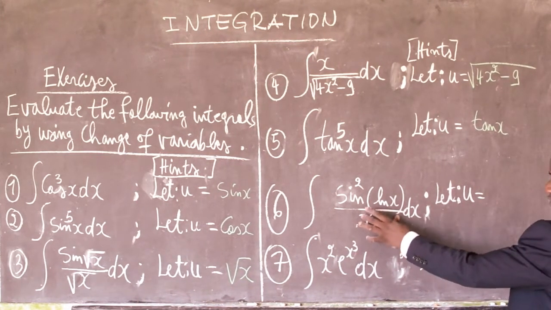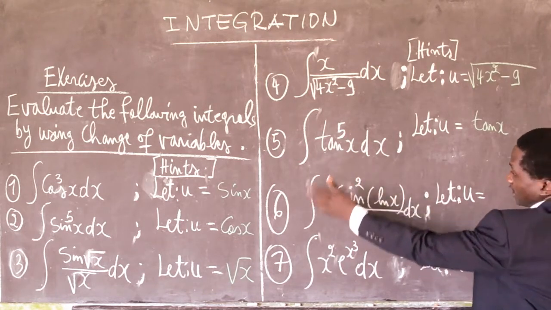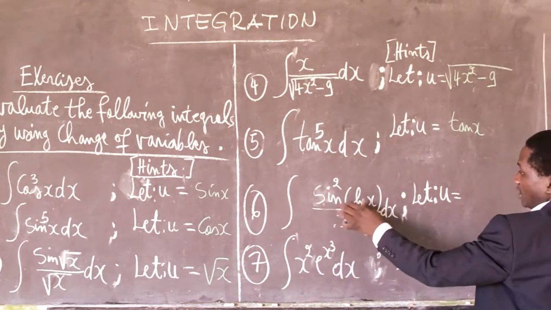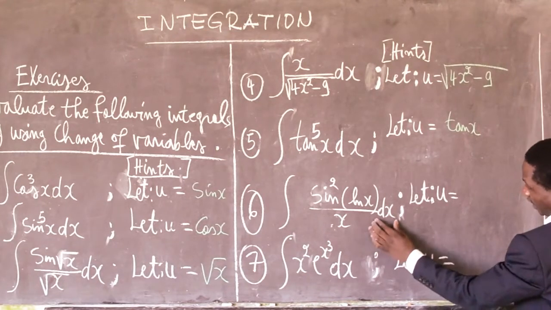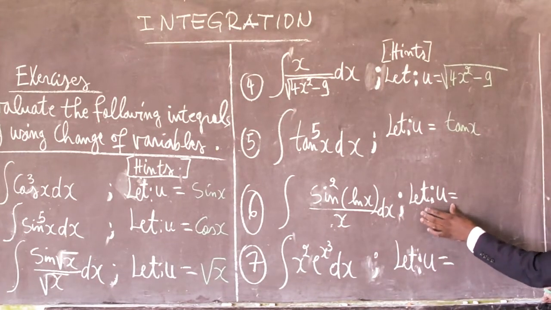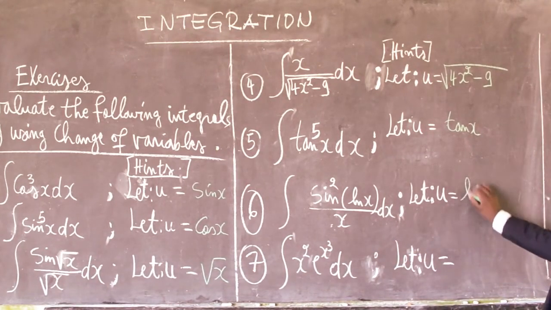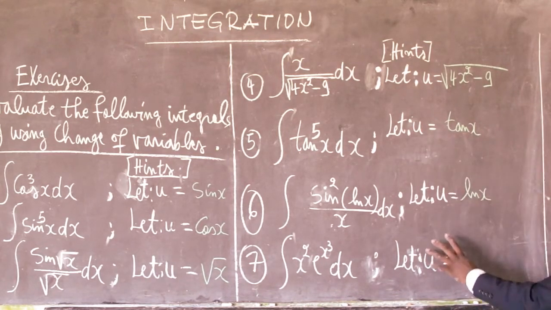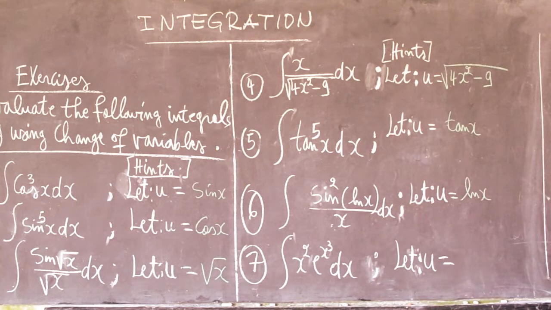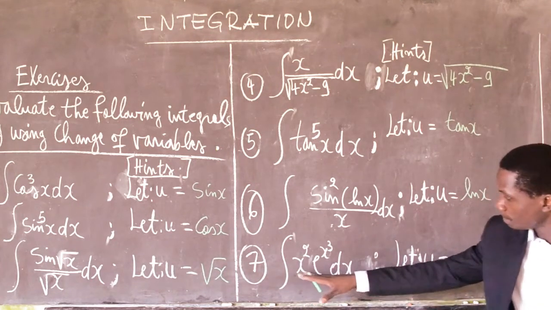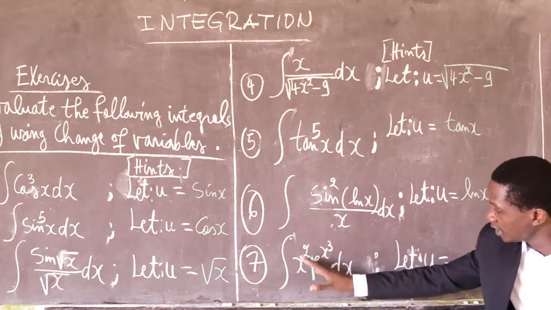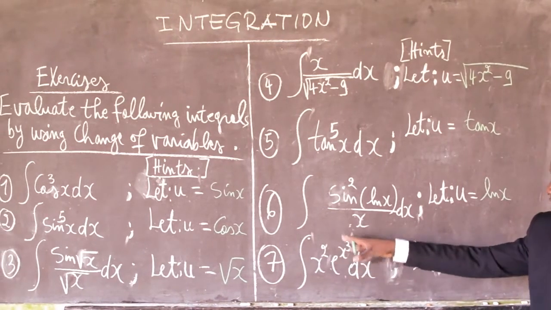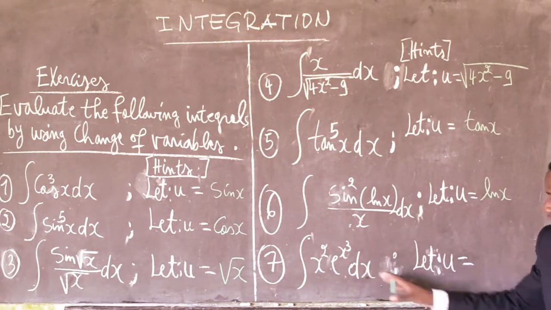Okay, for number 6, we need to evaluate the integral of sine squared ln x over x dx. We consider u equals ln x. Then we evaluate the integral easily. For the last question, number 7, the integration of x squared times e^(x^3) dx.